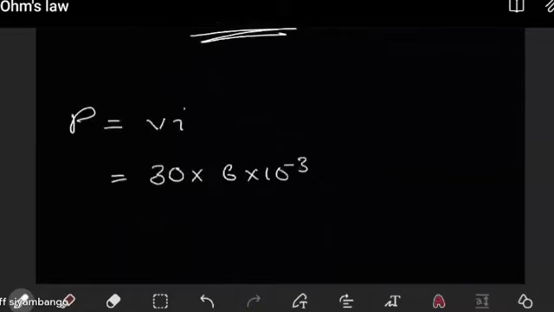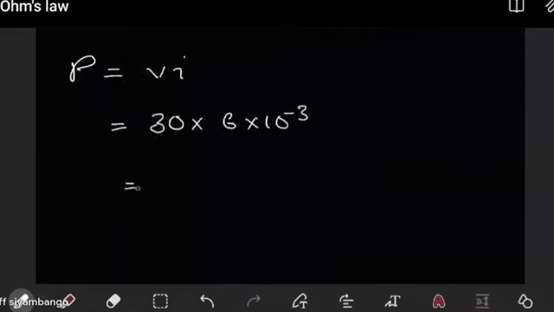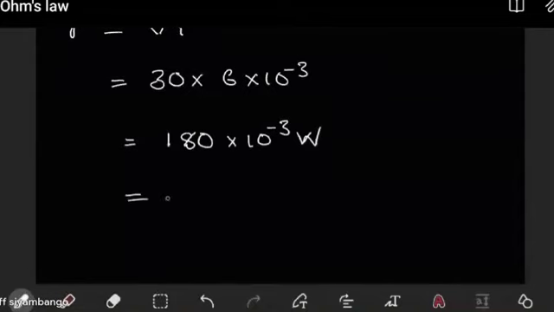So when we multiply this, 30 times 6 is 180, and then this is by 10 to the minus 3. This is power, so we have the watts. So this comes back to 180 milliwatts. So this becomes the power there.